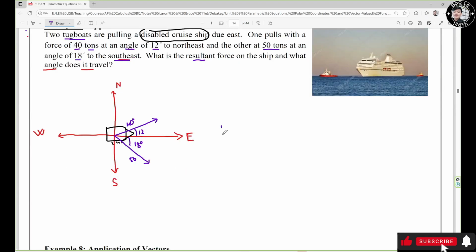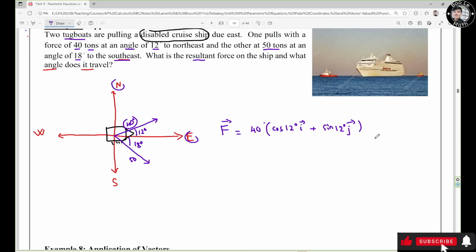So, the resultant force F is, now, the magnitude is going to be 40, so it could be 40 times cosine of 12 degrees i plus sine of 12 degrees j, if you want to write this one in the i and j components.